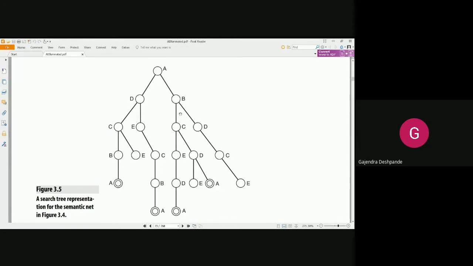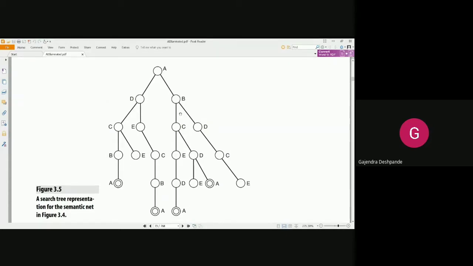If you consider a traveling salesperson problem, and our goal is to start with node or city A and come back to city A again, then all possible paths have to be represented using the tree concept.